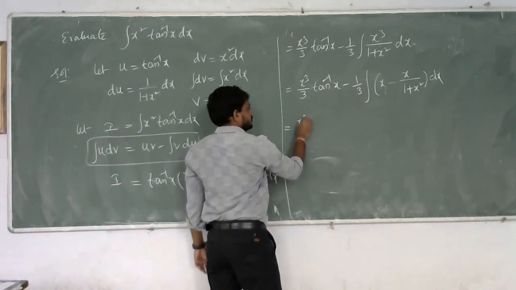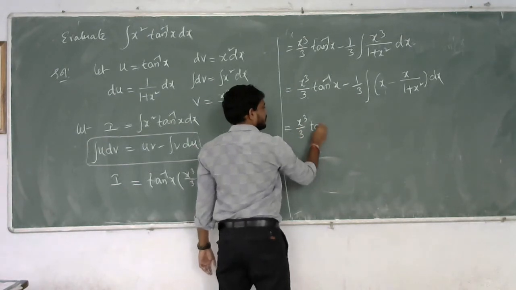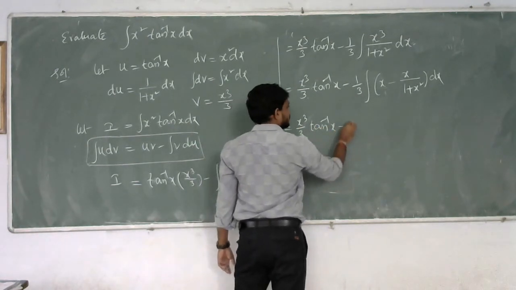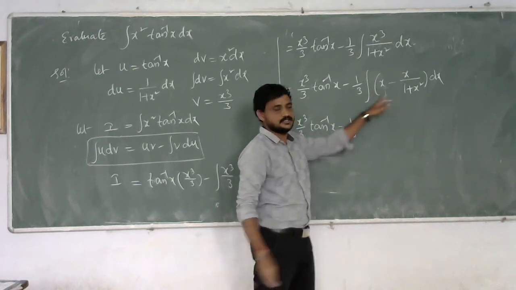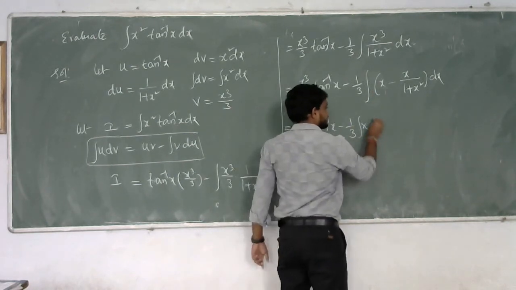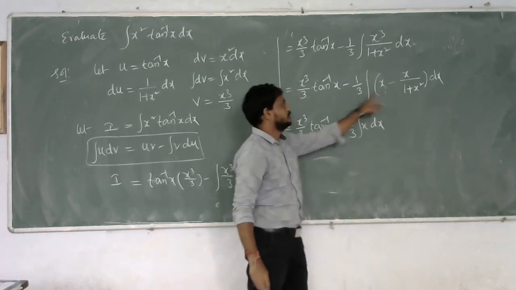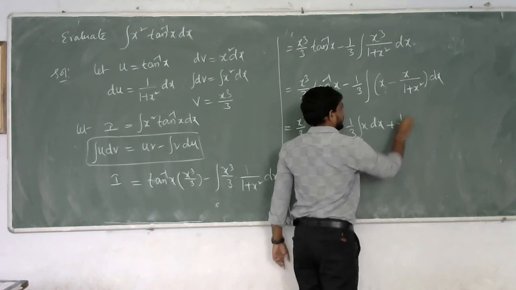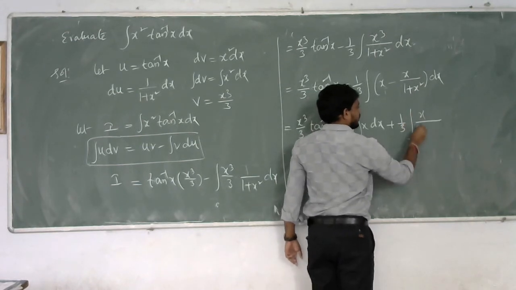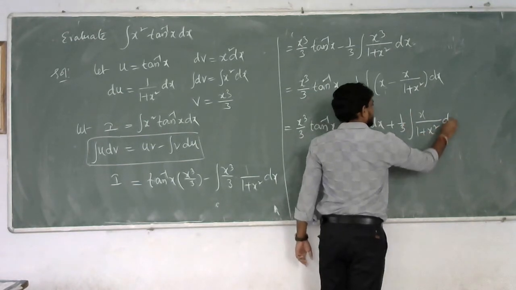Then separate. So x cube by 3 into tan inverse of x minus 1 by 3 into the first term x, so x into dx. Then the second term, minus into minus, here plus 1 by 3 into integral x by 1 plus x square into dx.